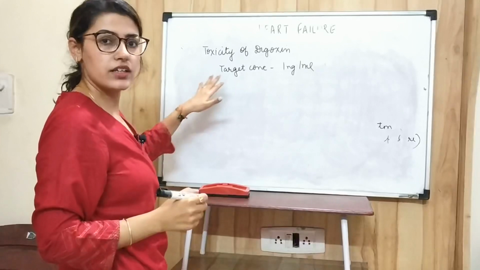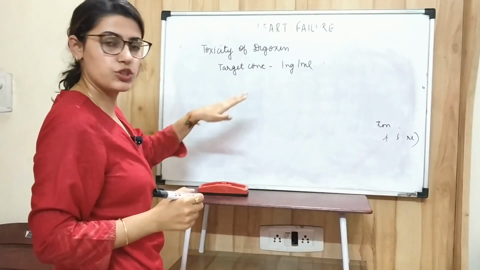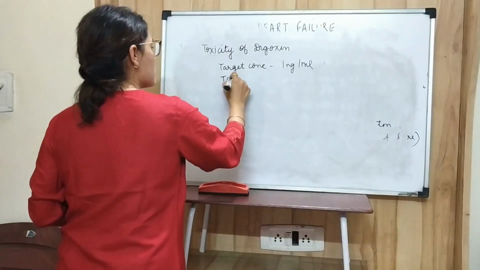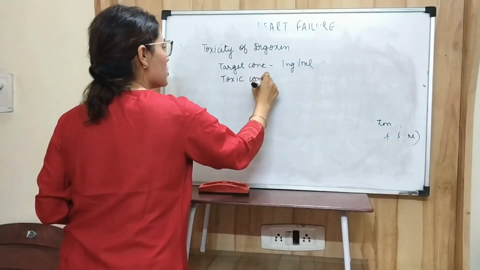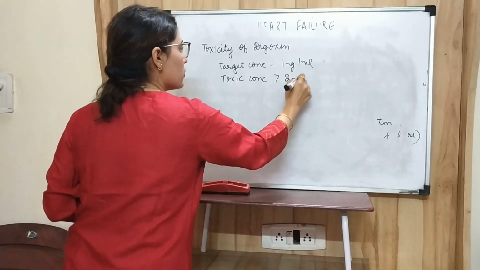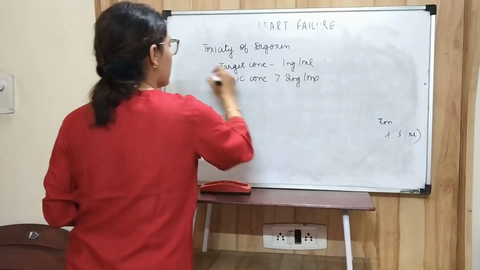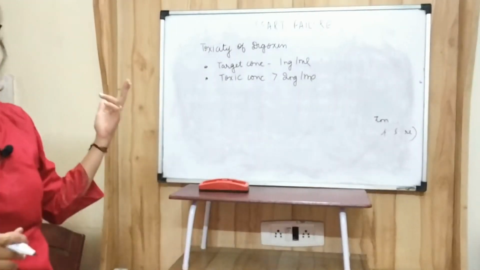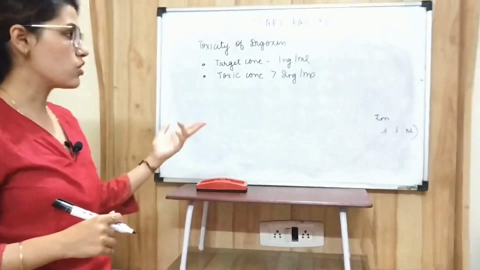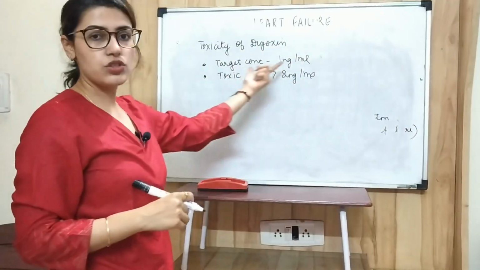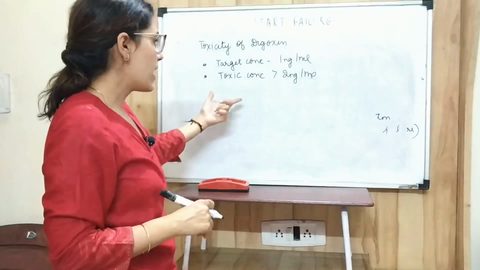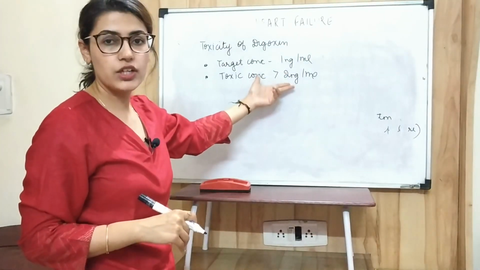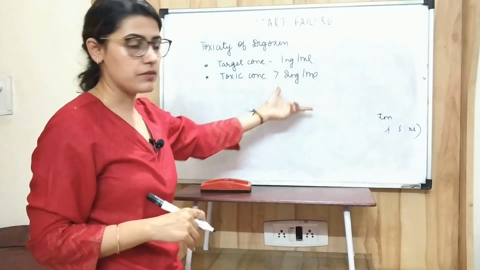This is the target therapeutic concentration which you have to achieve. The toxic concentration is more than 2 nanogram per ml. These are the two concentrations which you have to remember with respect to digoxin: the target concentration is 1 nanogram and the toxic concentration is more than 2 nanogram per ml.